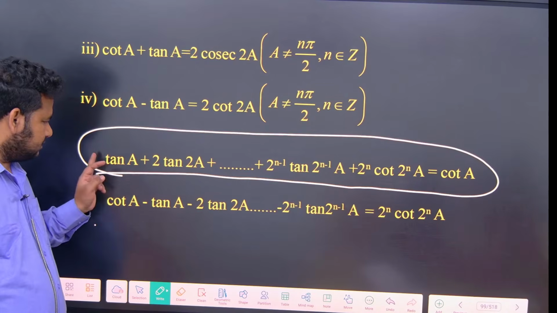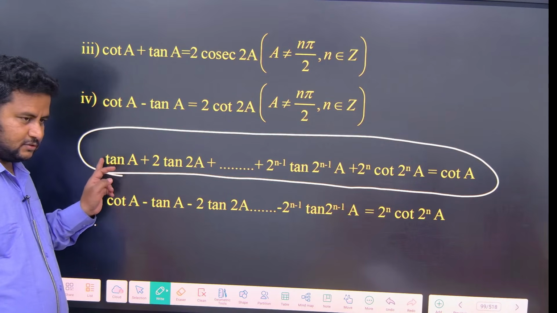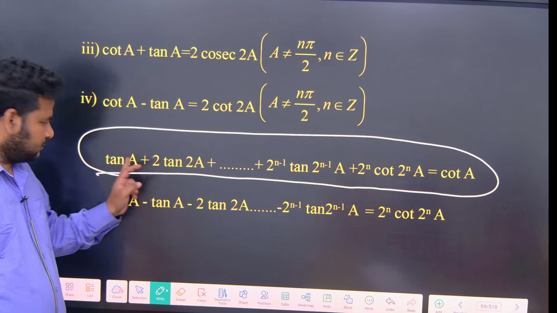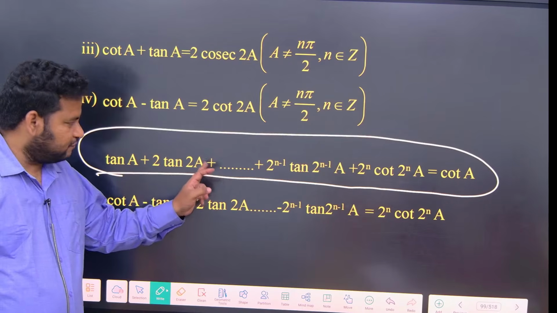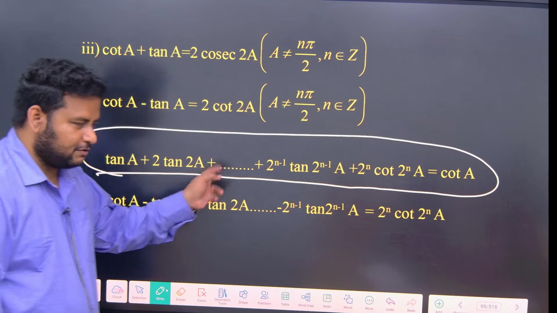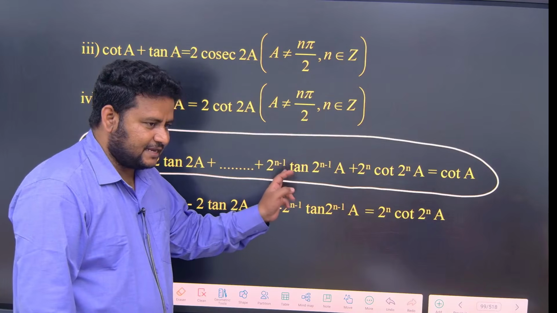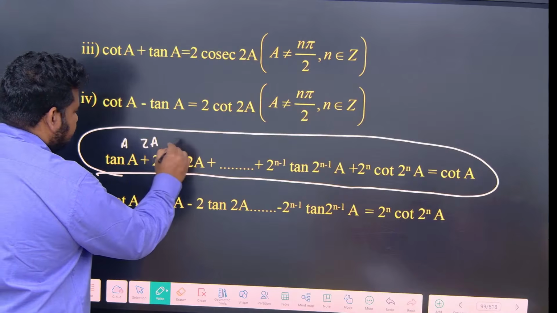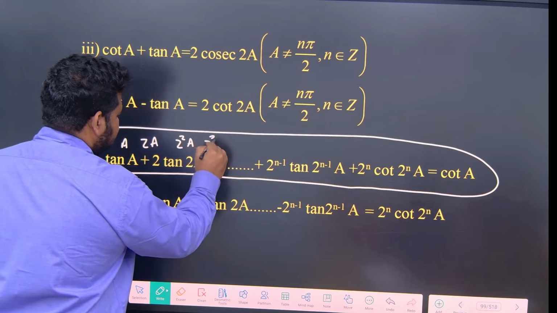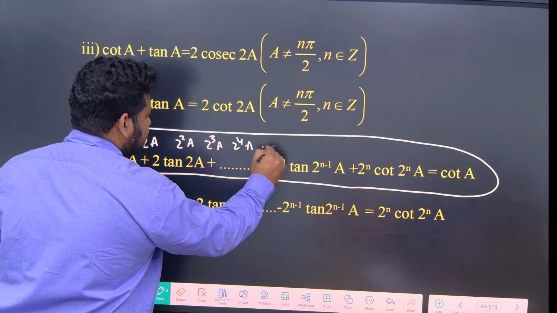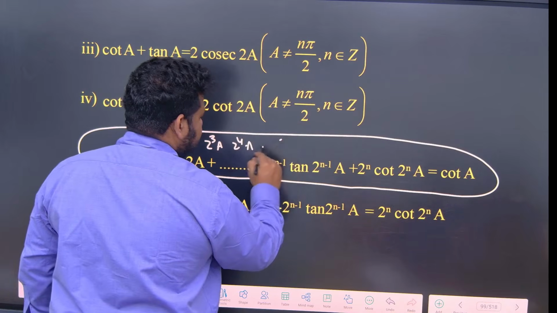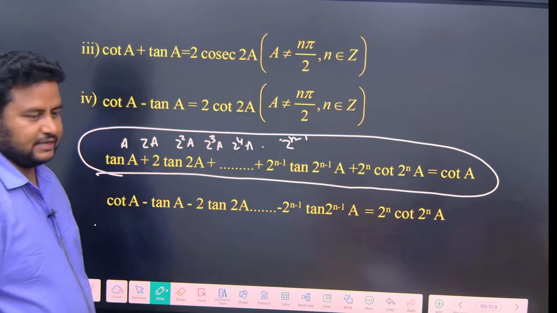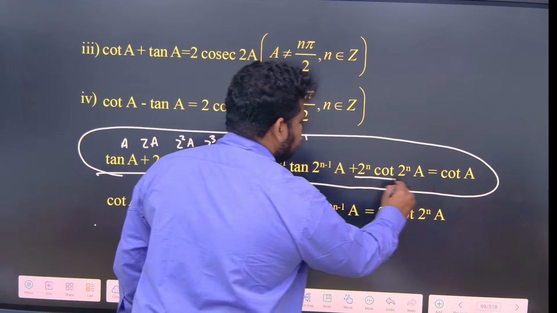Tan A plus 2 times tan 2A: 1 is becoming double, then 2 will become double, which means 4 times tan 4A, and 4 will become double, which means 8 times tan 8A, like that. So it is becoming A, 2A, 2 square A, 2 cube A, 2 power 4A, like that it goes on. In the end you will have 2 power n minus 1 A. In the end it will be 2 power n cot 2 power n A.